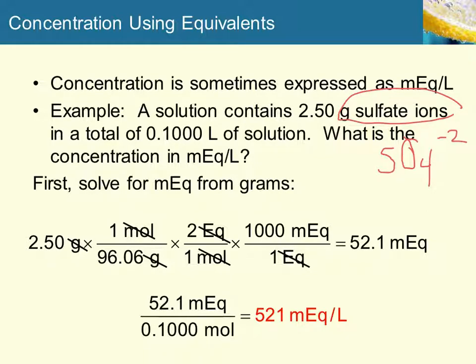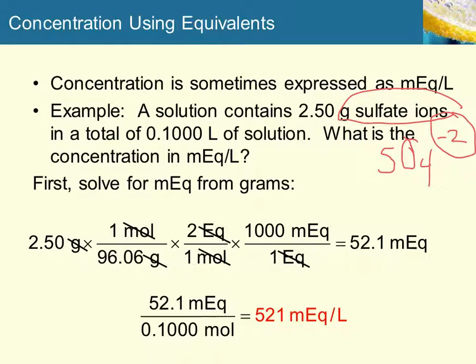So that's where the 96.06 came from. So my grams cancel. We know that 1 mole is 2 equivalents. Why? There's my negative 2. That's where that conversion factor is coming from. And we already discussed that 1 equivalent is 1,000 milli equivalents. So I come out with 52.1 milli equivalents.